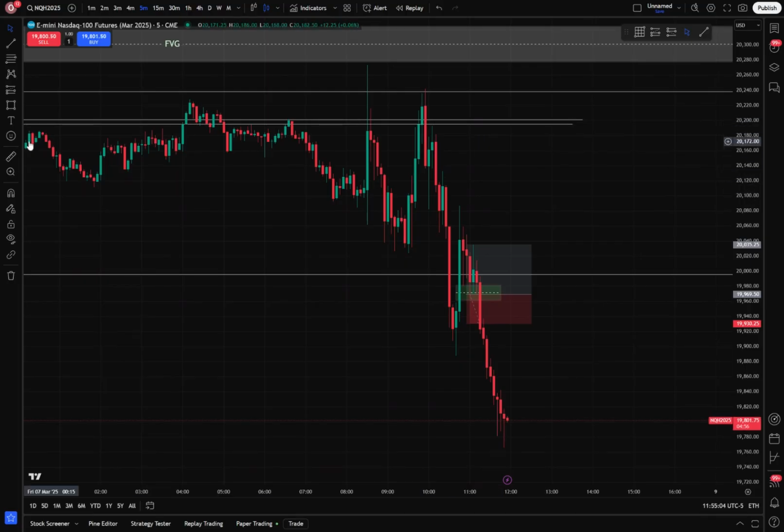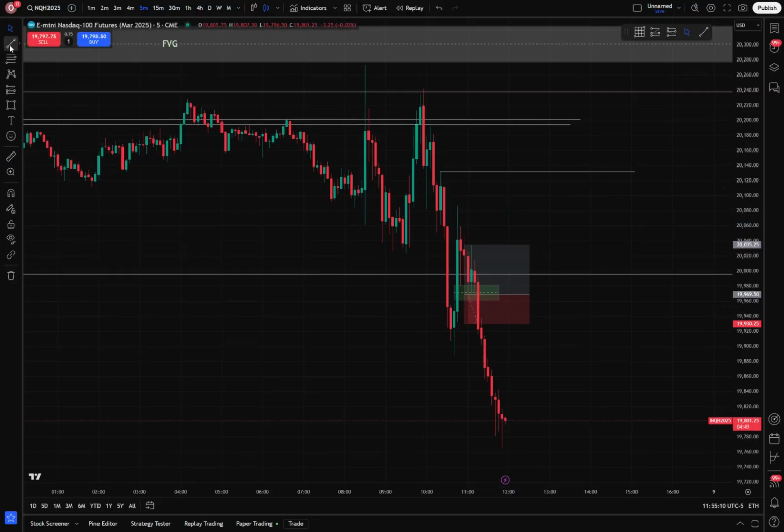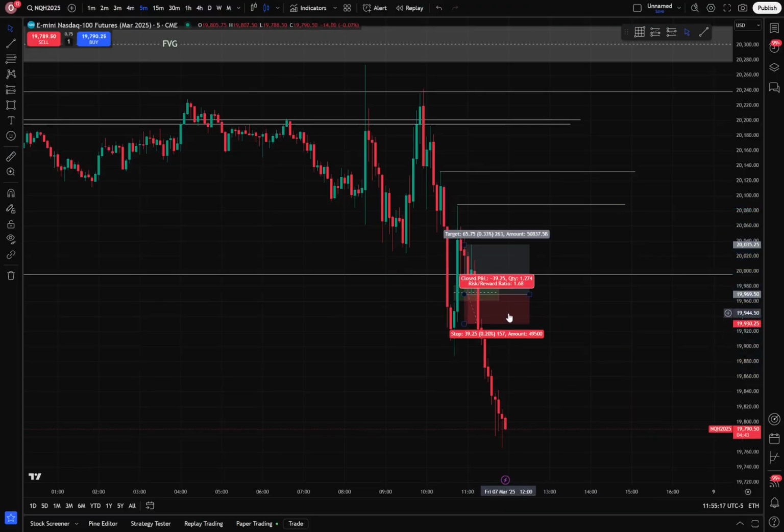Some people will expect the price to come back to right here. These are reasonable levels to mark, and some people will expect the price to come here. But for me, I'm only looking for 1 to 1, a little bit more if the market offers it. I was able to analyze NFP Friday, and I don't have to hold my trade for a longer period of time.